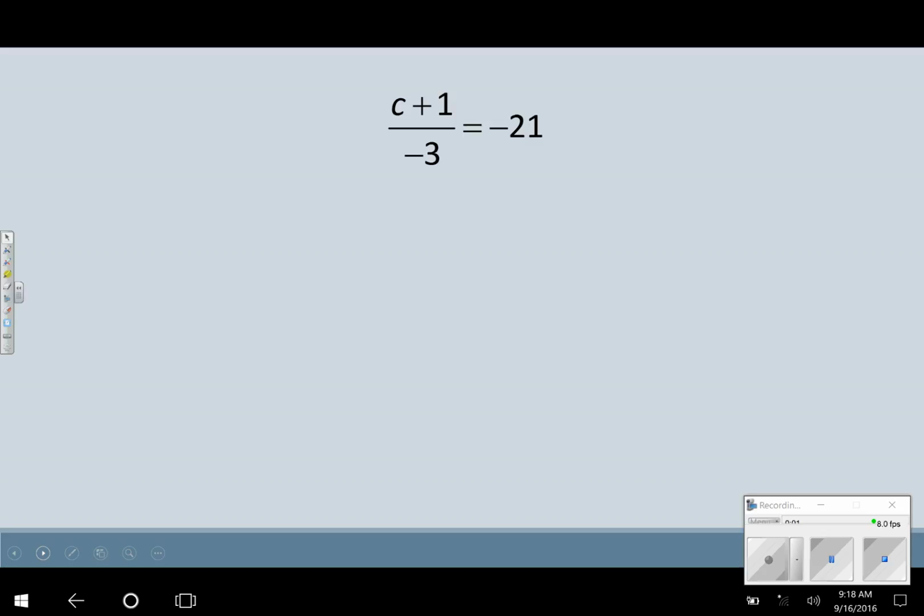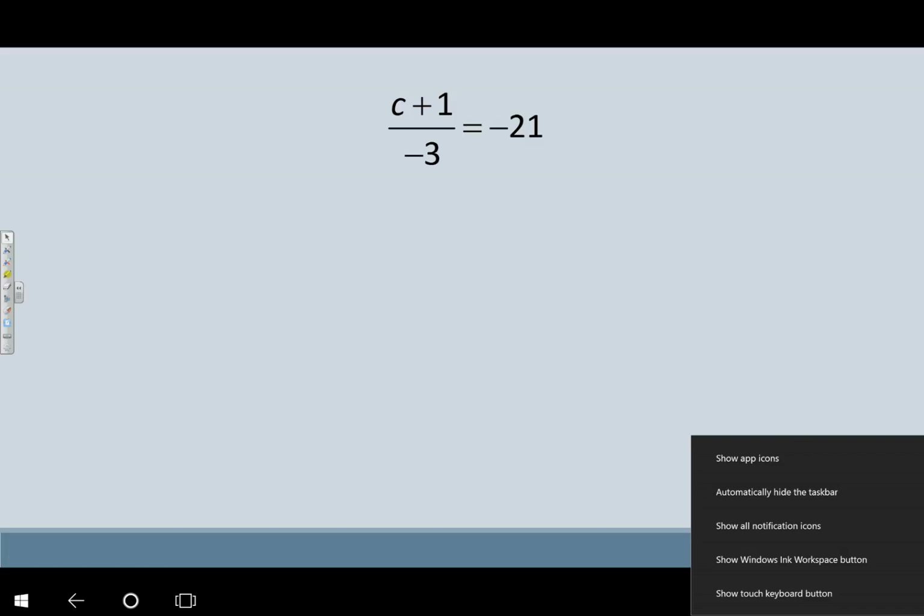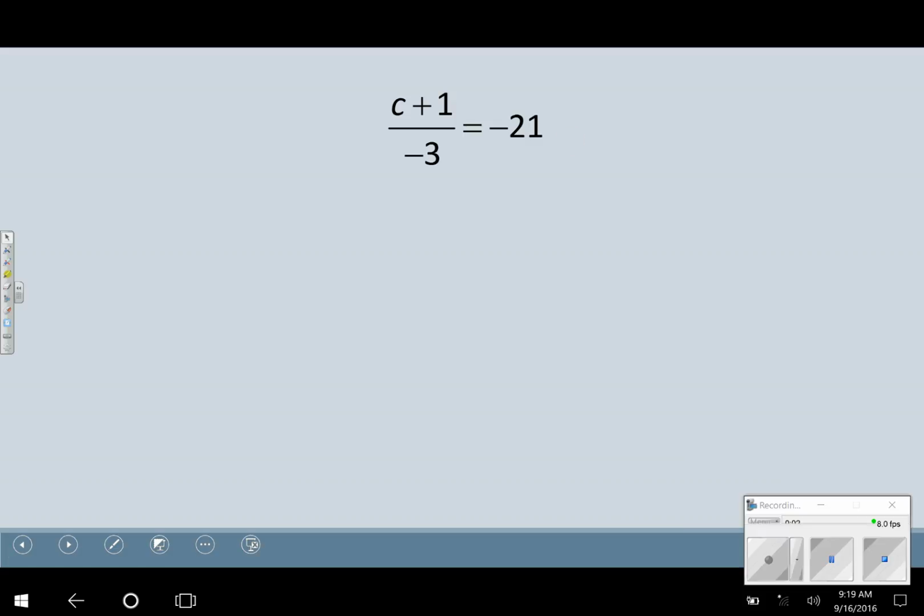In this example, we're dividing that whole expression c plus 1 by negative 3. And to undo division, we've got to multiply first. So I'm going to think of this, by the way, as a grouping symbol, not necessarily multiplication and division. So we're going to handle it by multiplying by negative 3 first.